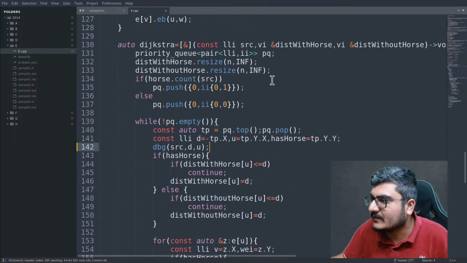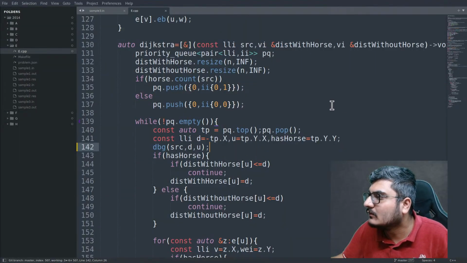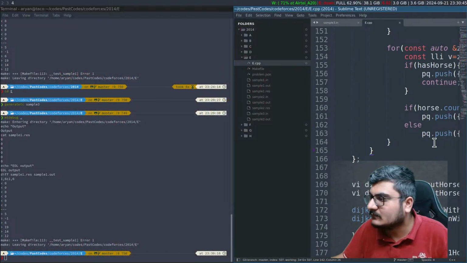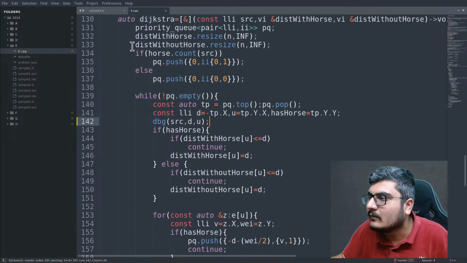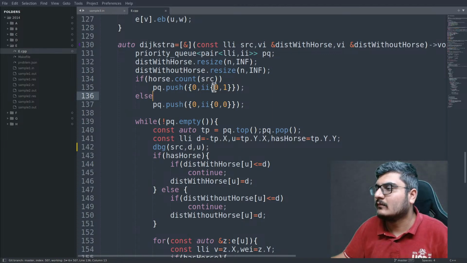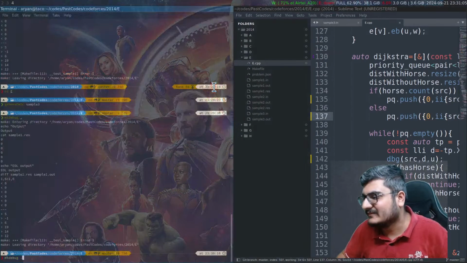All the values are infinite initially. Line 135. Okay, got it. Thanks.